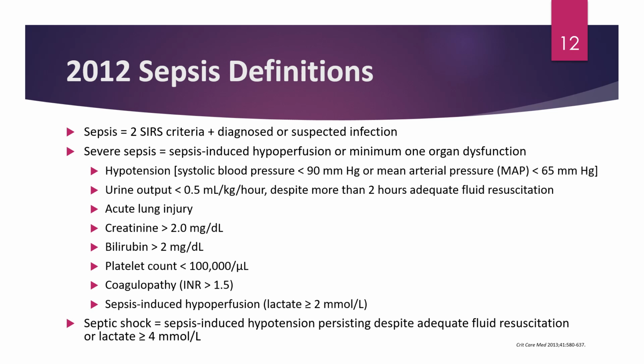Septic shock is sepsis-induced hypotension persisting despite adequate fluid resuscitation, or just a lactate greater than 4. So it can be either a lactate greater than 4, or hypotension despite giving them adequate fluid resuscitation, which we'll talk about in a moment.